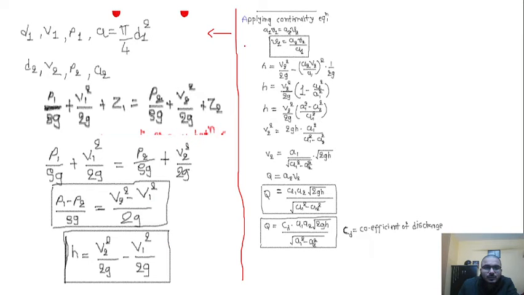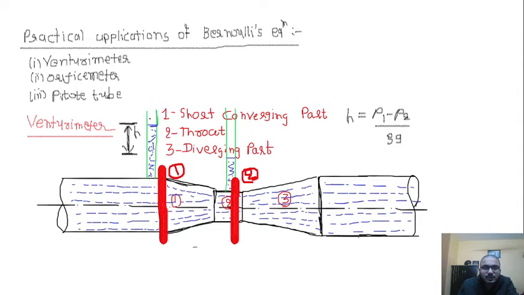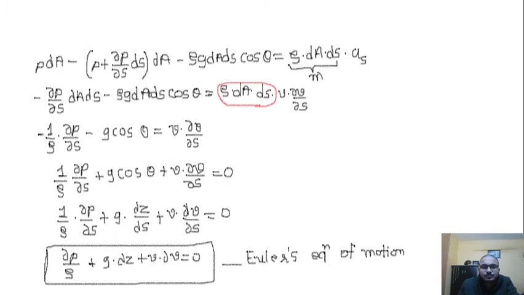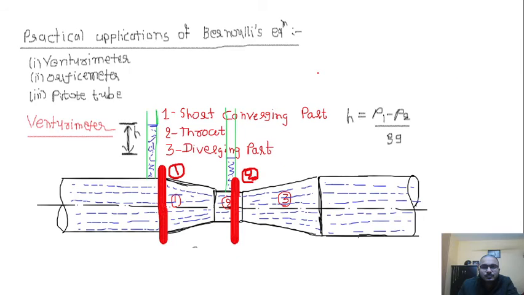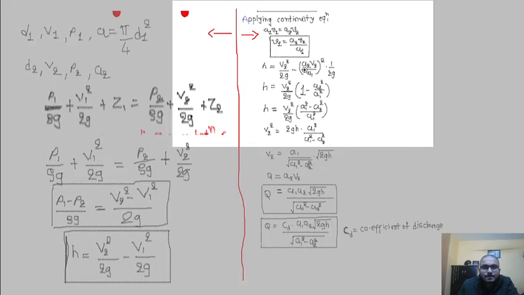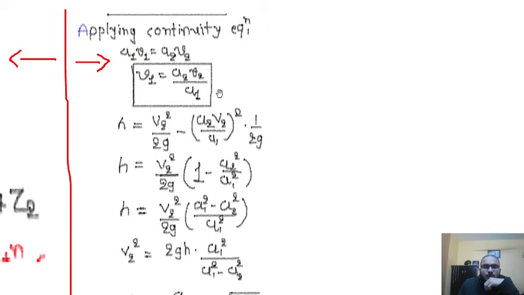And from here we have the new content of today's lecture. First we applied the Bernoulli's equation and the continuity equation between section 1 and 2, that is a1 v1 is equal to a2 v2.